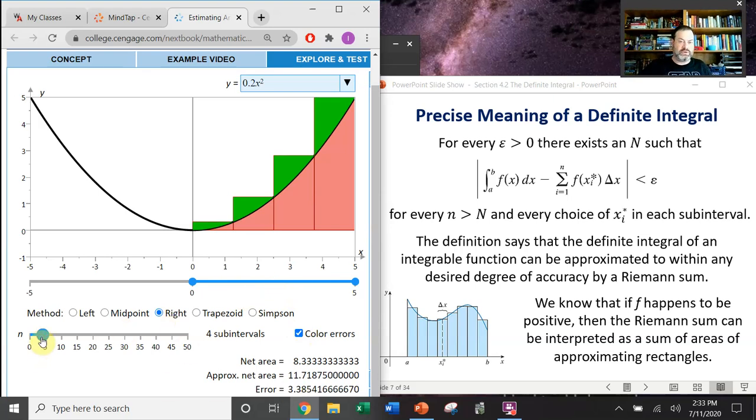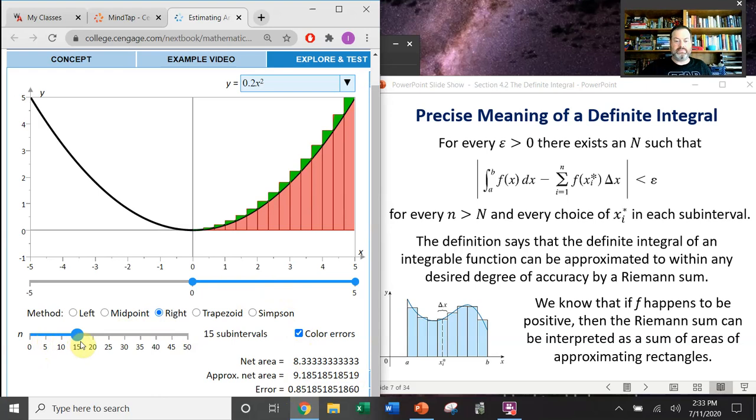We'll just start scooting this to the right and watch the error go down. How far do I have to go? All right, well, I got to go bigger than 50. But you guys get the idea, right? No matter what I pick, I'm going to be able to find some value, because as you keep traveling to the right, the error gets smaller and smaller and smaller.